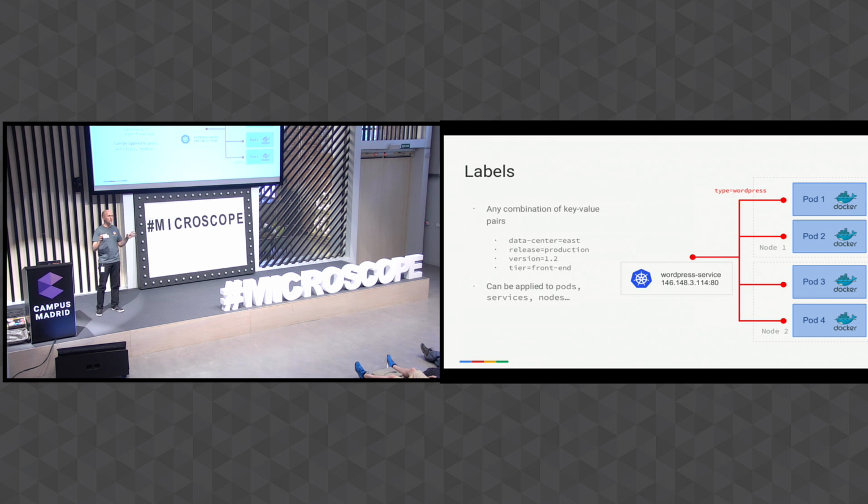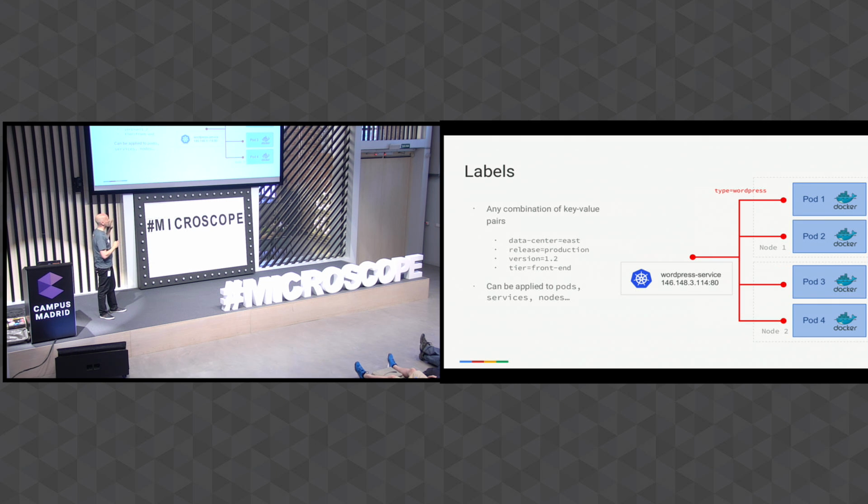You can say whatever you want to your labels. Or you can say, for example, type equals WordPress. And when you're defining a service, you can say, OK, this service is balancing to any pod with this label. So any pod with the label type equals WordPress, I am the guy that is going to be balancing traffic to those. This is the way that you're connecting services with pods.